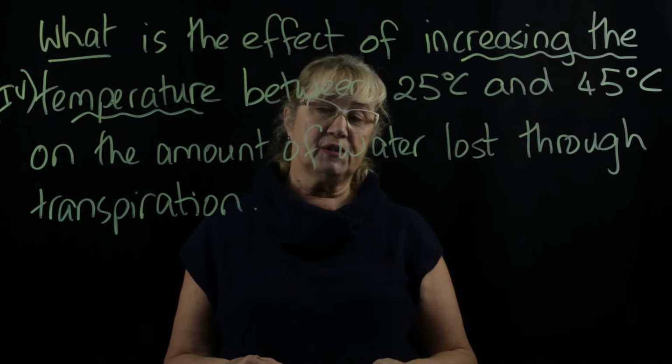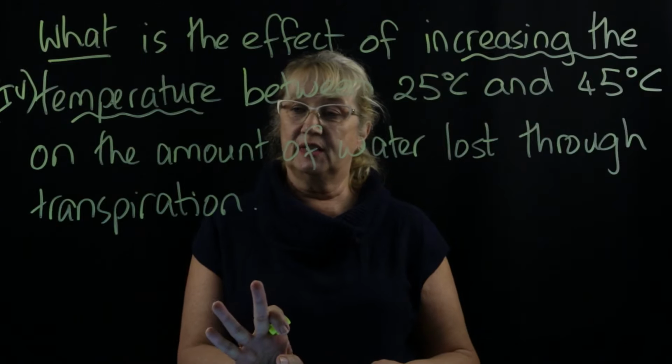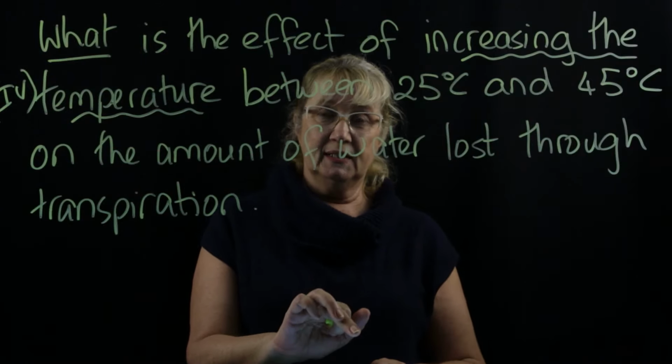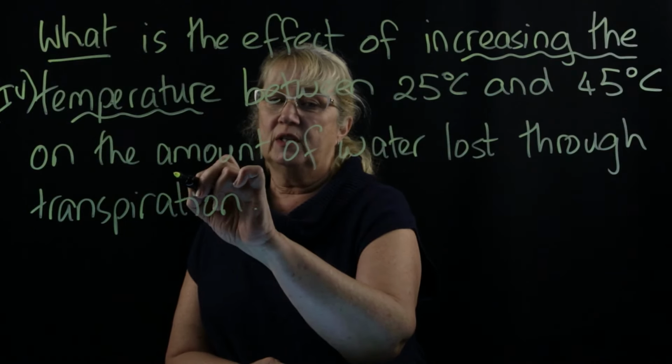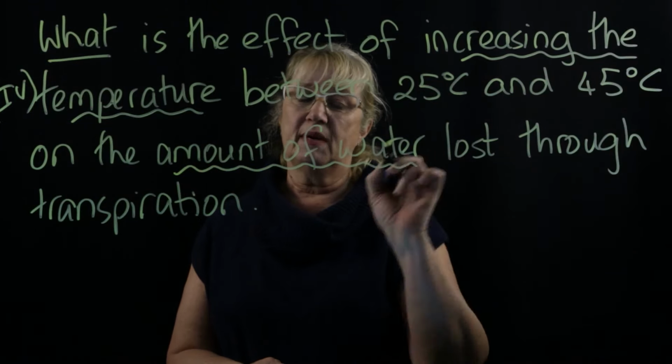Let's take a little pause there. We haven't finished the research question yet, but what we have put in is the dependent variable. That's the amount of water lost. That's what I'm going to be measuring.